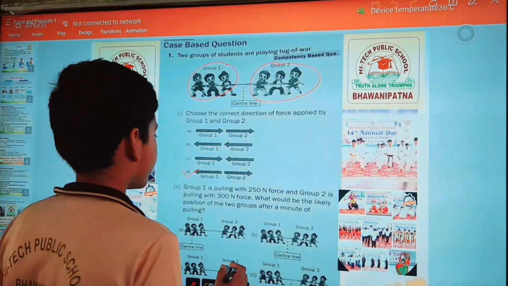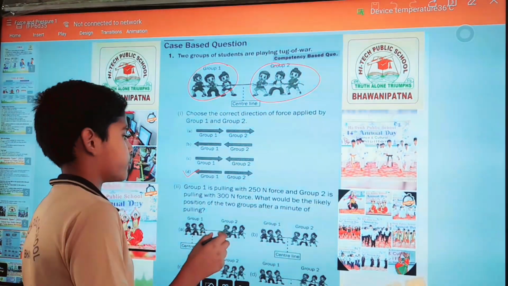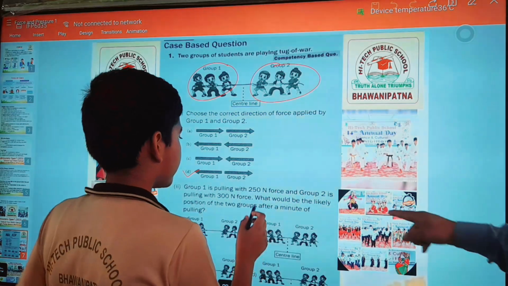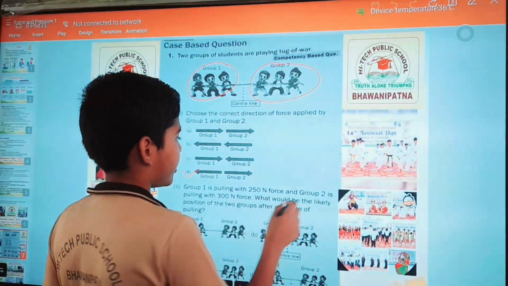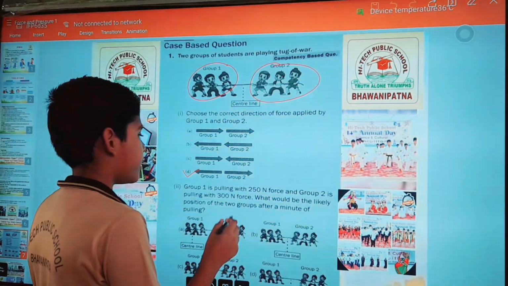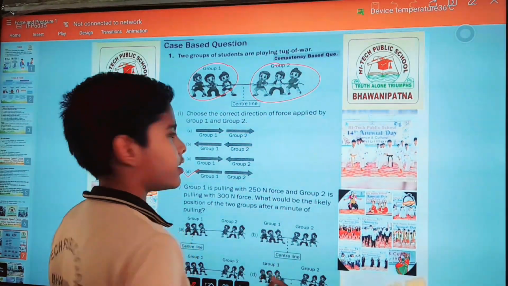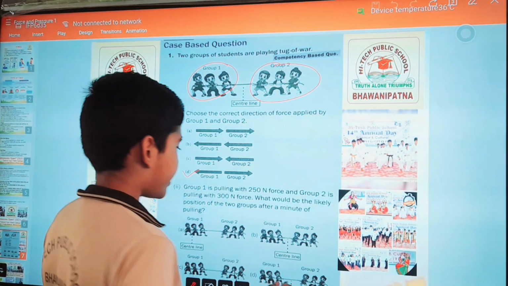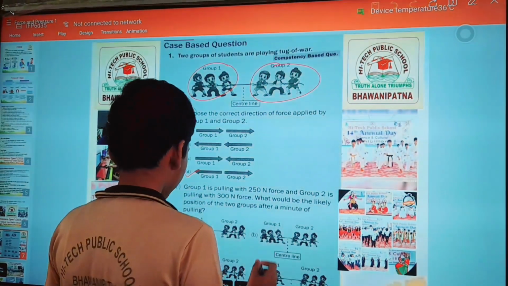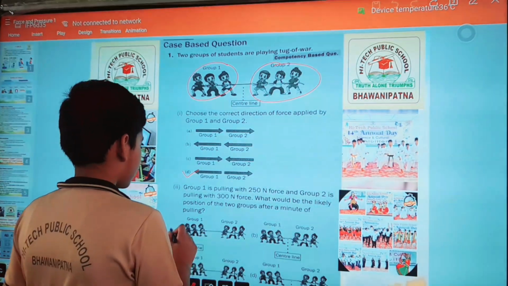The second number here. Group 1 is pulling with 250 Newton and group 2 is pulling with 300 Newton force. So, because group 2 is pulling with more force, the rope will move more towards group 2.